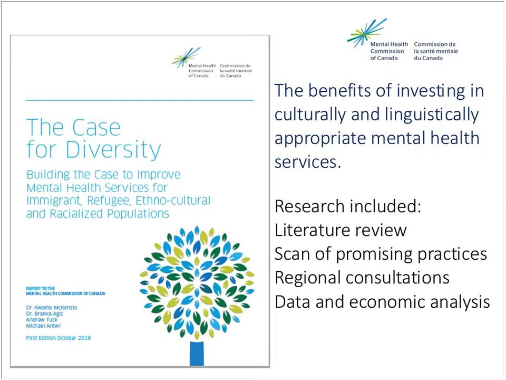And just about 3 weeks ago, the Commission hosted a national action table on improving mental health service planning for immigrant, refugee, ethnocultural, and racialized populations to start to address this gap and to consider how we actually better plan ahead, rather than being reactionary, but being proactive.